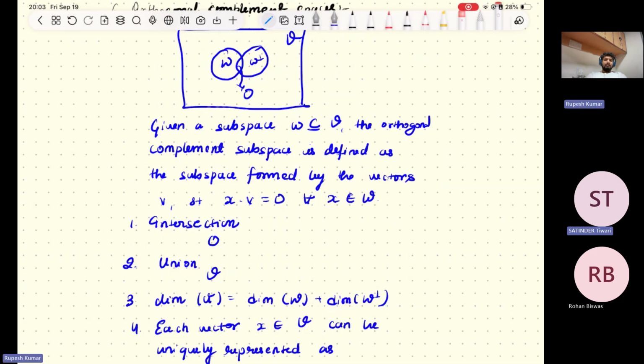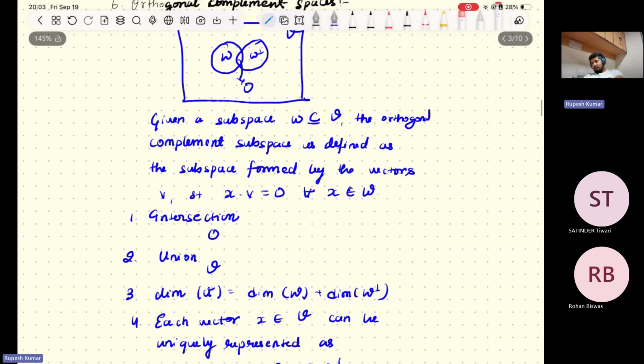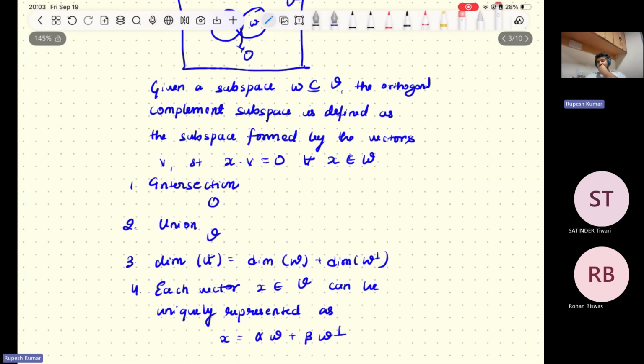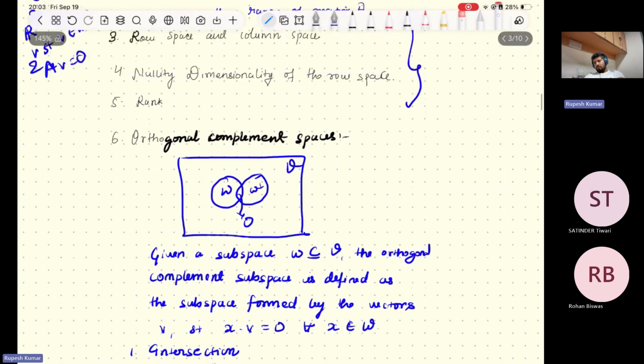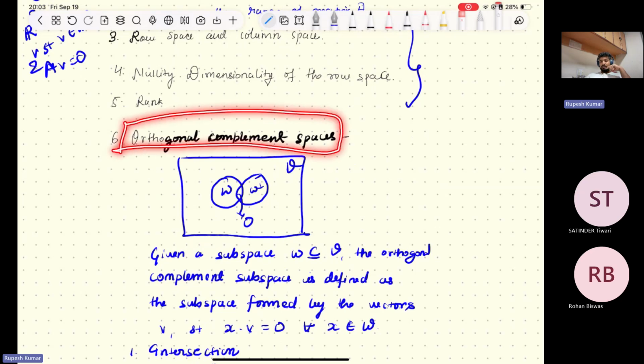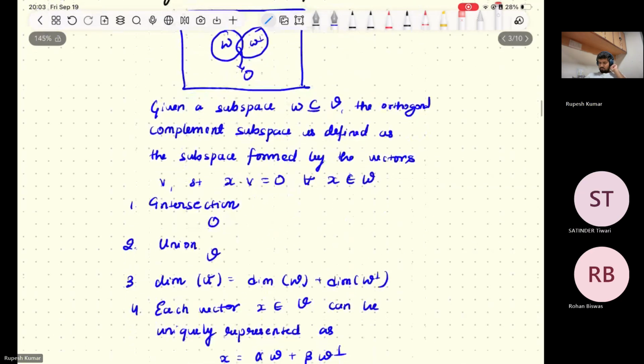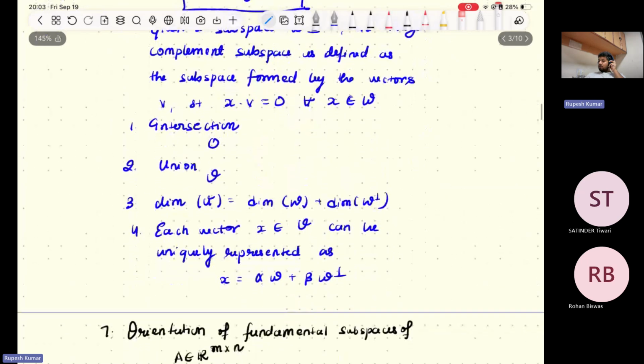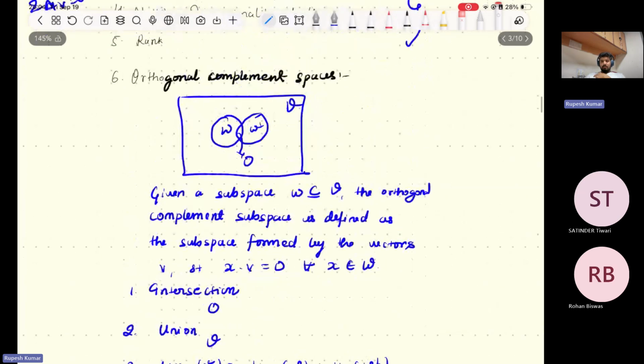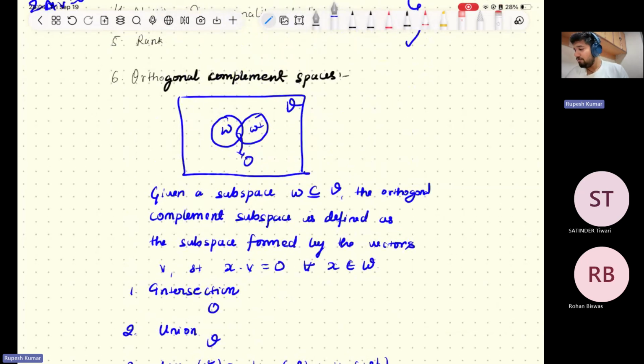It is a little bit of refinement there, with more conditions. Zero will be the common point of both, the zero vector, and their union has to be complete or the entire set. So this looks like a complement operation, but not exactly that.